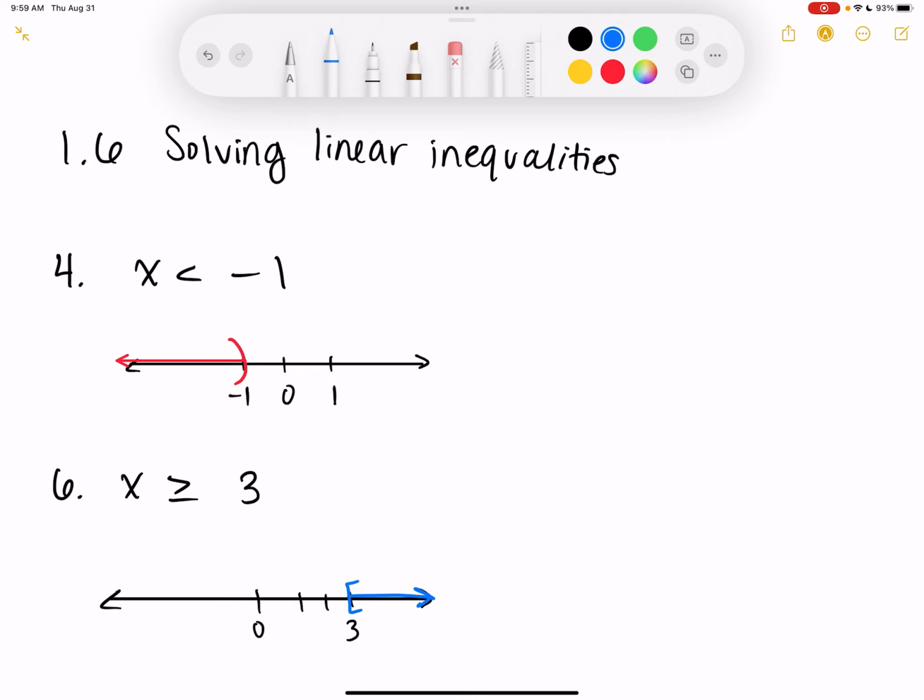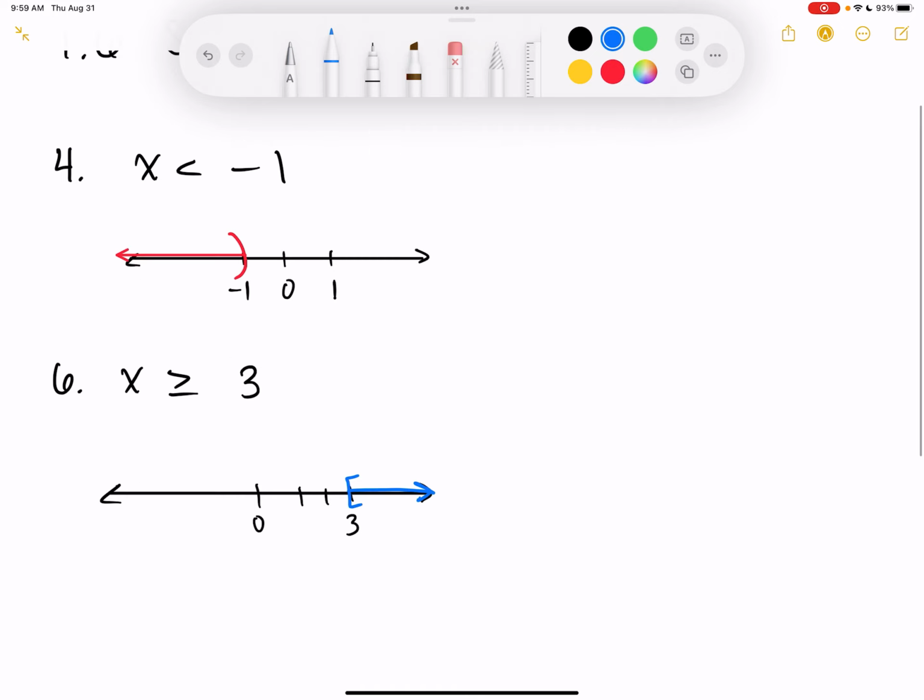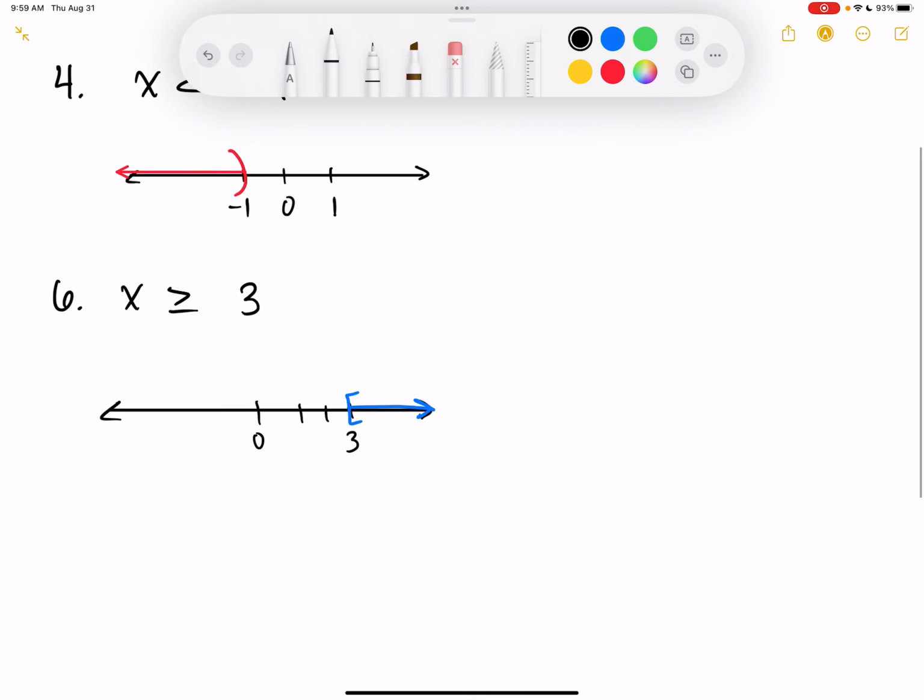All right, compound inequalities. These ones, they go ahead and give the graph to you. They are going to use circles just because that's what this book uses. So when you go to do these problems, you don't have to copy the graph over unless you really want to. They give you a graph from -2 to 4.